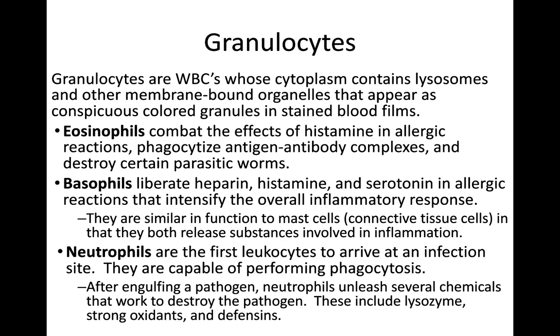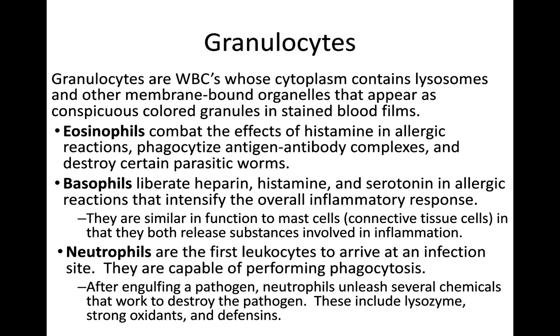Granular leukocytes or granulocytes are the ones that look like they have freckles. It's because they have lysosomes and other membrane-bound organelles that appear as conspicuous colored granules when stained in a blood film. There are three granulocytes, and if you haven't already noticed, they all end with the same suffix.